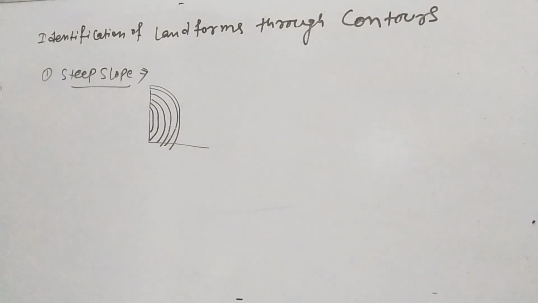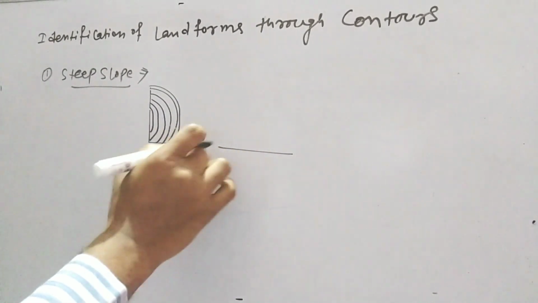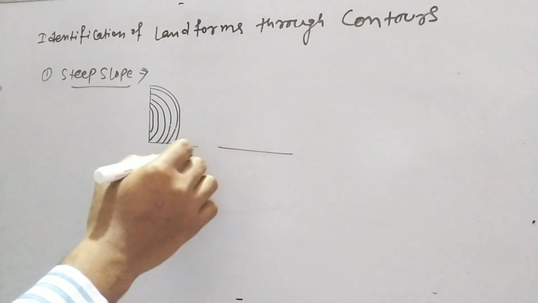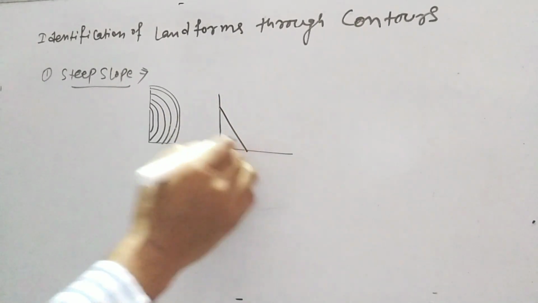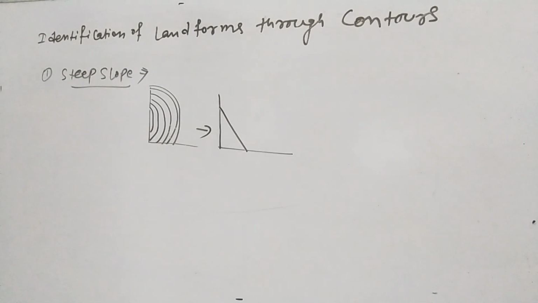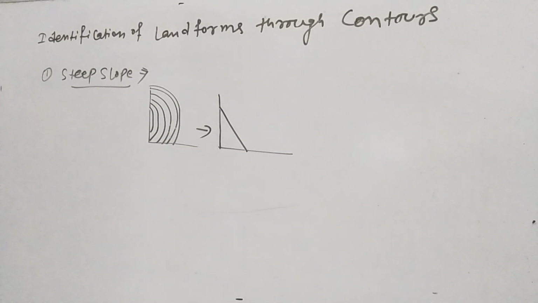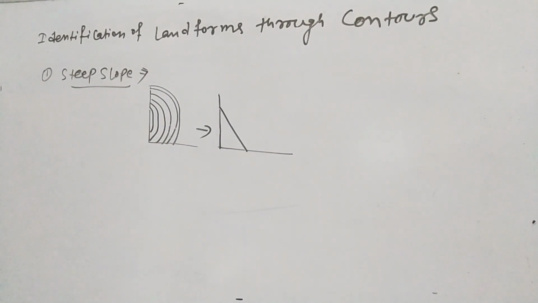On the ground, the landform should be like this, steep slope, okay? On the other hand, in a steep slope, contour lines are closely spaced, very close to each other. So it is clear that in a steep slope it is difficult to climb up.